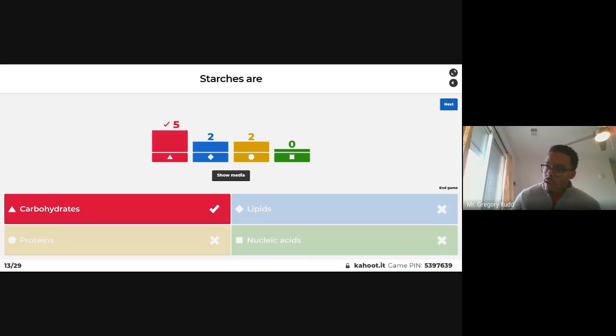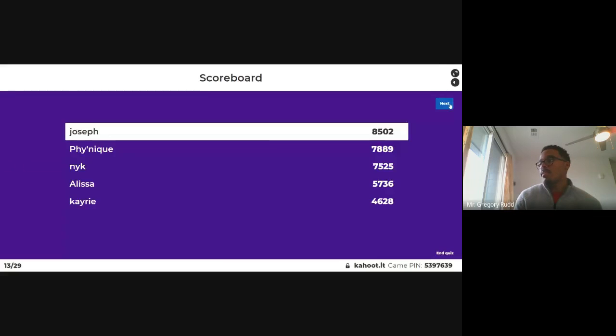Starches are carbohydrates. They're examples of carbs. Good. Okay, looks like Nick may have lost the streak. Fats and waxes.